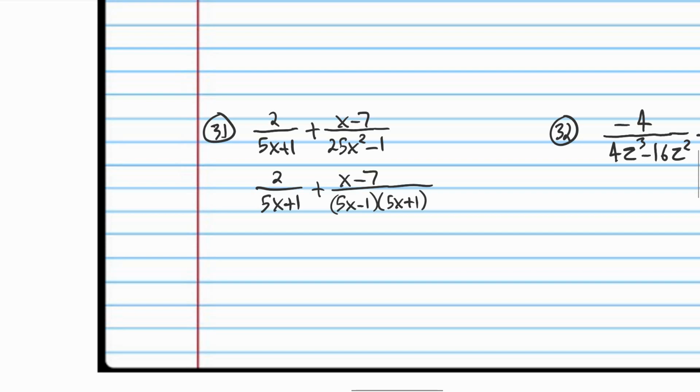And we're going to multiply. Well, first let's rewrite. Multiply both sides of this fraction by 5x minus 1. And we get 10x minus 2.